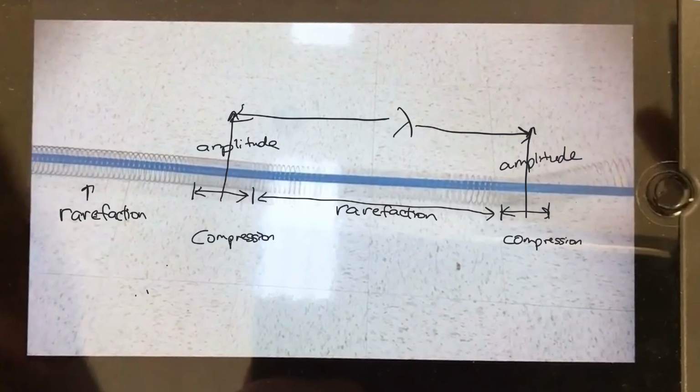Or you could do the beginning of the compression to the beginning of the next compression, and that is the same distance. That is also your wavelength. And again, you can measure this in meters, centimeters, kilometers. You can measure this in many different types of lengths.